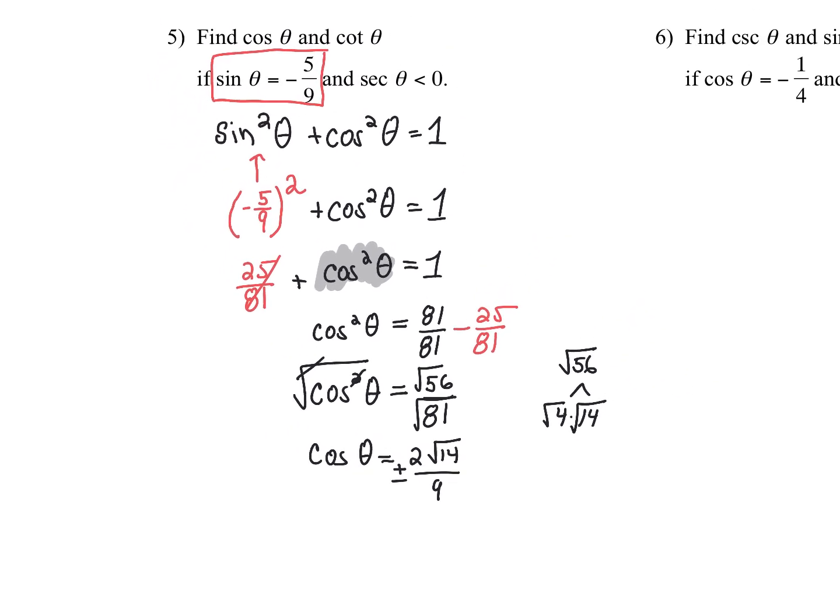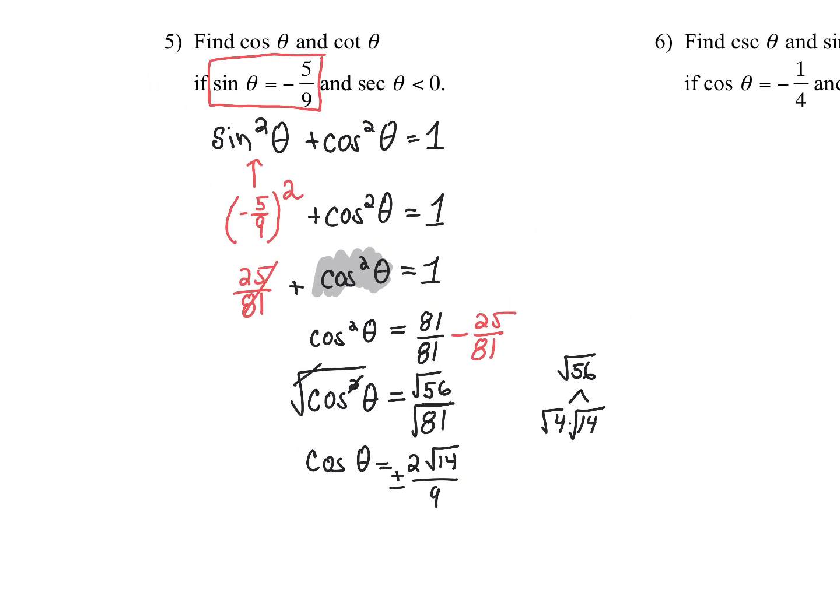The small thing we need to pay attention to next is this secant theta is negative. When something's less than 0, it just means it's negative. So in this case, they're telling us, hey, secant theta, that has to be a negative number. And when I look at that, I'm also remembering that secant is just your reciprocal function for cosine. So if secant is negative, that means that cosine is also negative.